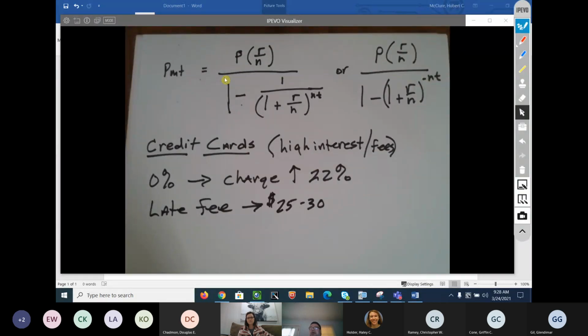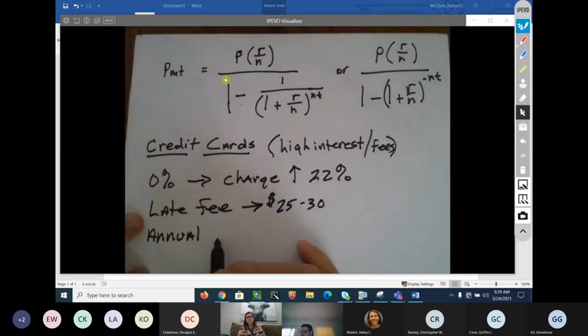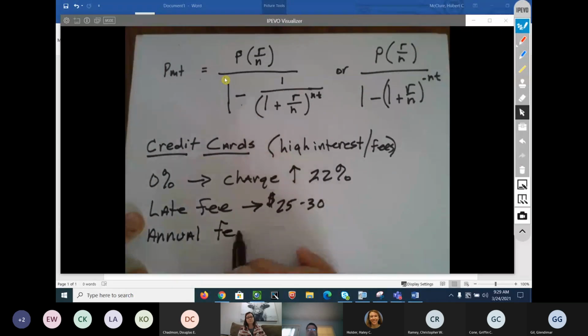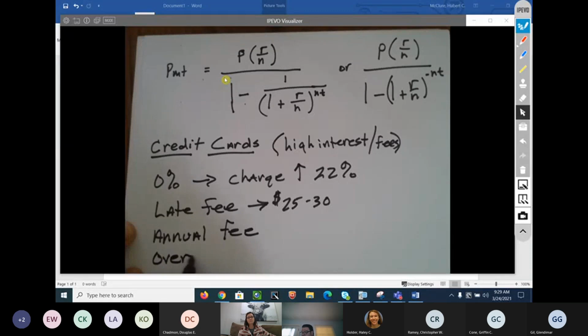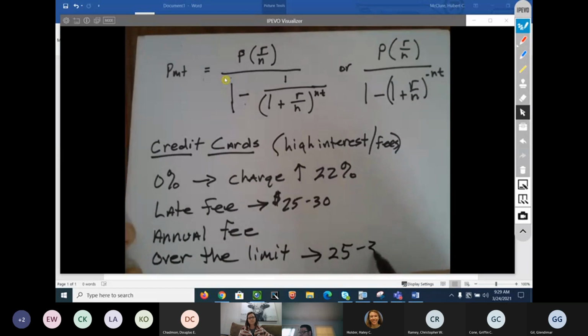Give me another fee on a credit card. Some of them have a yearly fee. Yep, an annual fee. That could even be larger than some of those fees, 50 to 100 bucks. And then there's the over the what? Over the limit fee, and that's another 25 to 30 bucks.